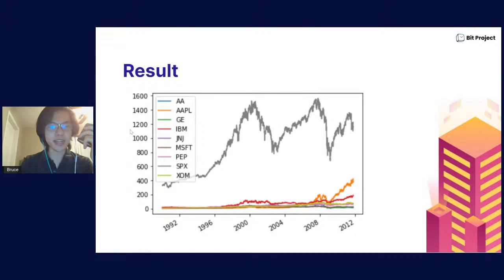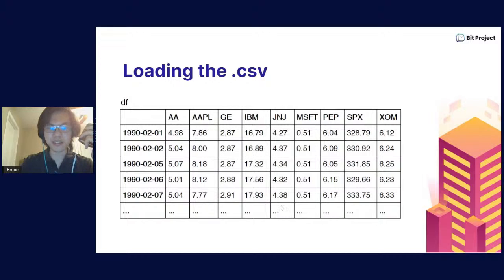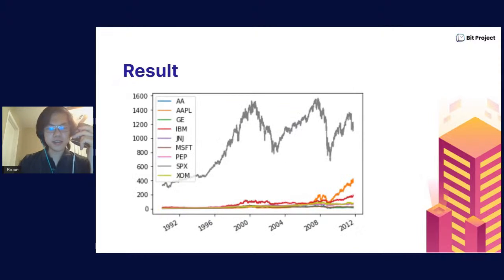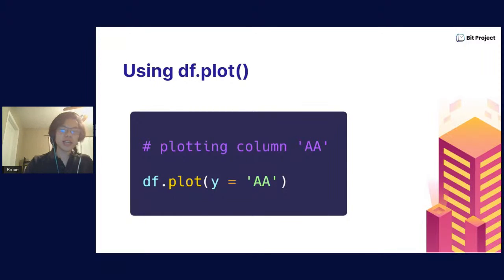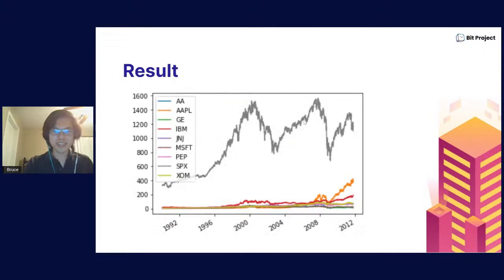That's nice. And then the y-axis is going to be whatever values are in the body of the table. Each column is a different line, and each column is represented in this legend. Great. The df.plot, if you don't pass anything into it, it's just going to make these assumptions for you.